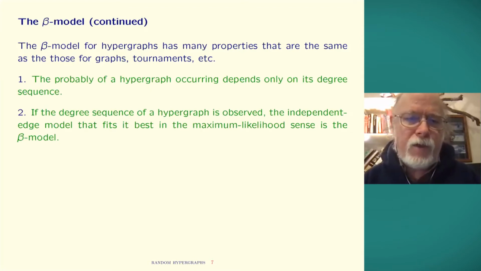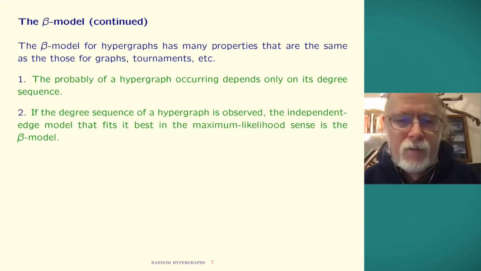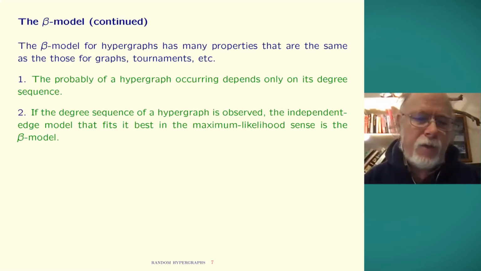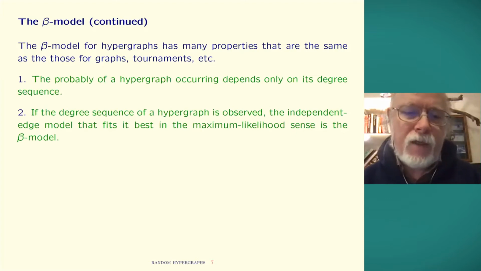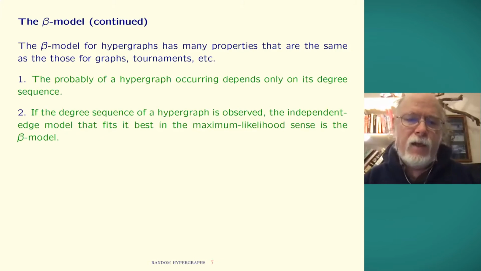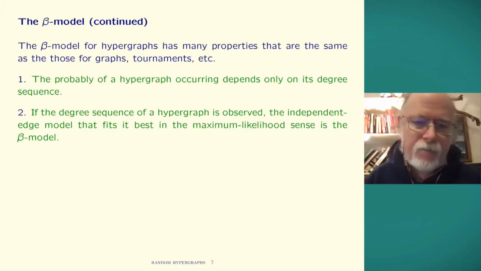So the question is, what edge probabilities should you infer from the observed degree sequence, or it could be the average of a large number of degree sequences? If you use the maximum likelihood sense of best fit, then the maximum likelihood set of edge probabilities is the probabilities that come from the beta model. You can discuss that more later if you wish, as a peripheral to our calculation.